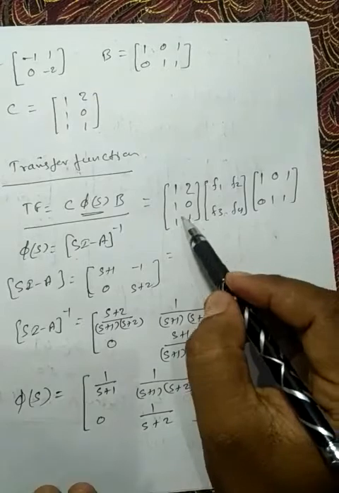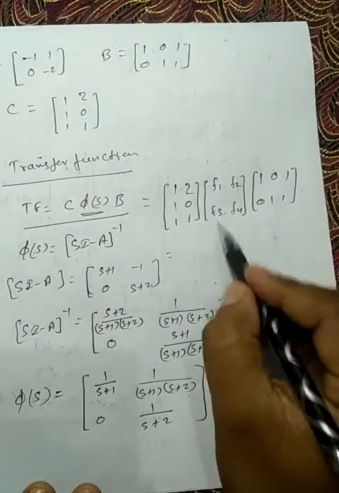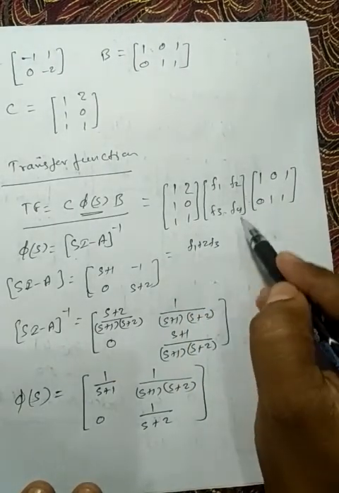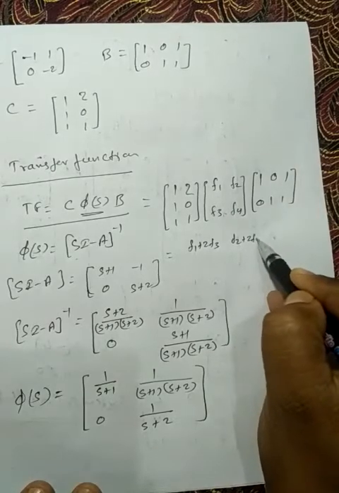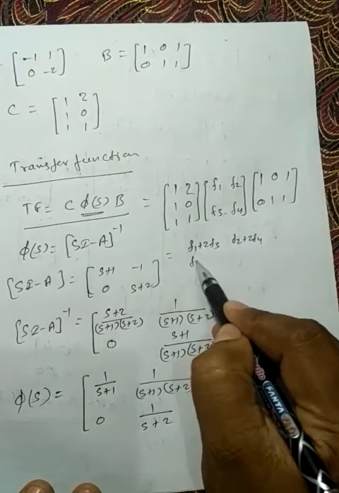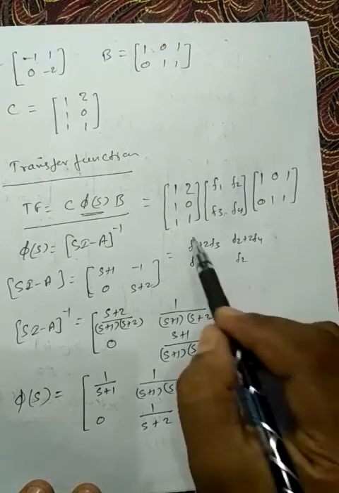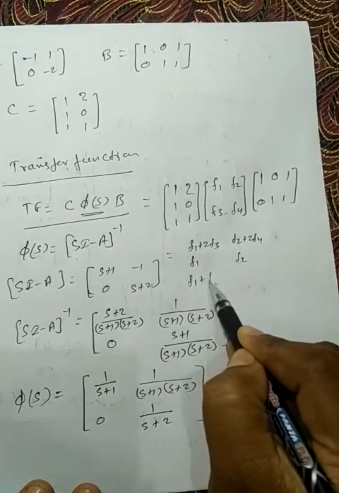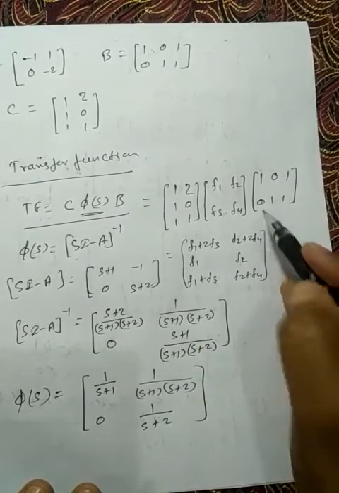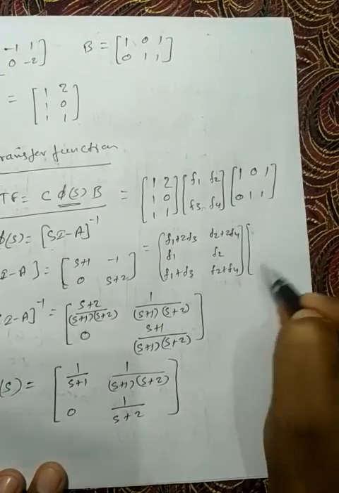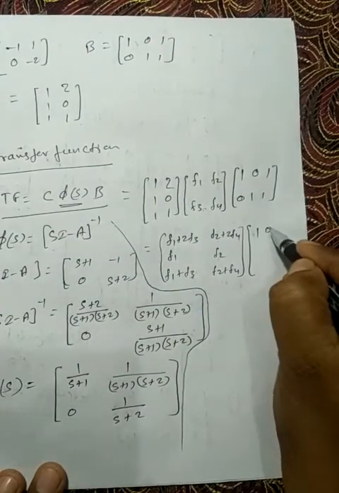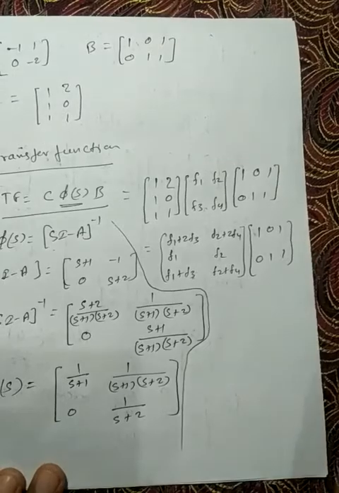We'll have F1 plus 2 F3, here F2 plus 2 F4, here F1, here F2, here F1 plus F3, and here F2 plus F4 multiplied by 1, 0, 1, 0, 1, 1, right?